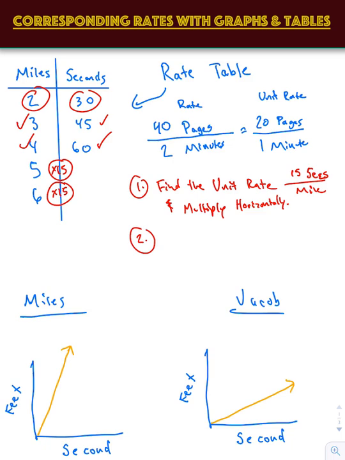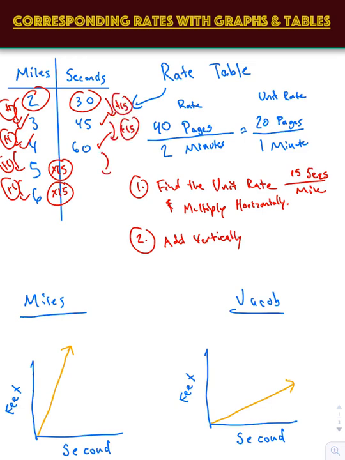Our second way that we can look at this is we can add vertically. I notice that on the left, I'm just adding 1 every time. And because I'm adding 1, I can just look to the right and say, well, I'm adding 15. So 60 plus 15 is the same as 15 times 5. So both of these result in an answer of 75. 75 plus 15 is the same as 6 times 15, results in a total of 90.